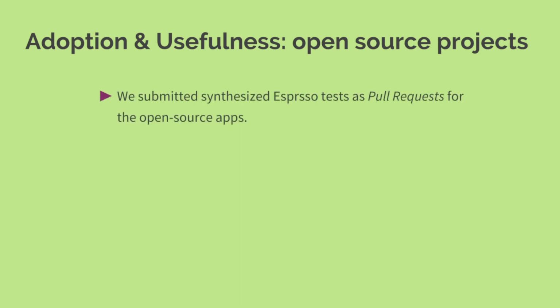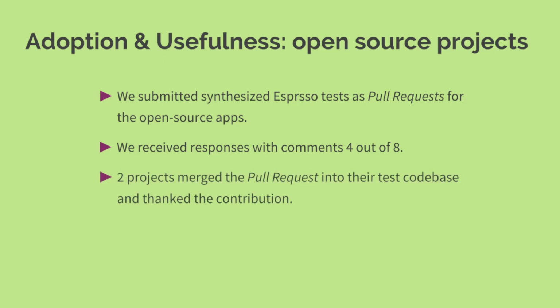Of the 8 pull requests submitted, we received responses with comments for half of them. 2 projects actually merged the pull request into their test code base and thanked the contribution. 1 pull request was closed without comments, and shortly afterwards the project was closed and archived by the maintainer.